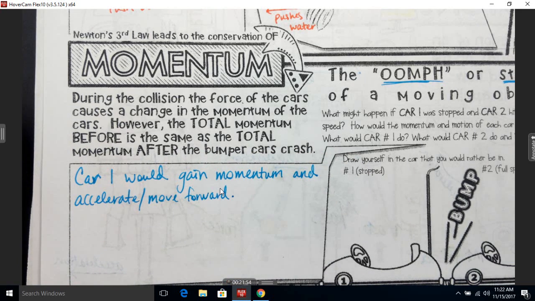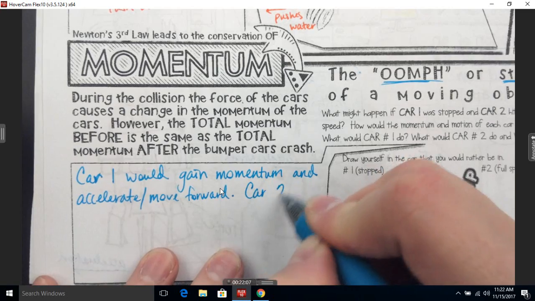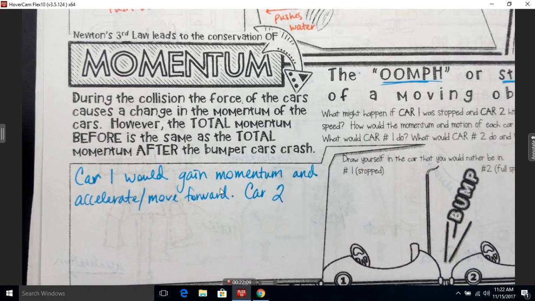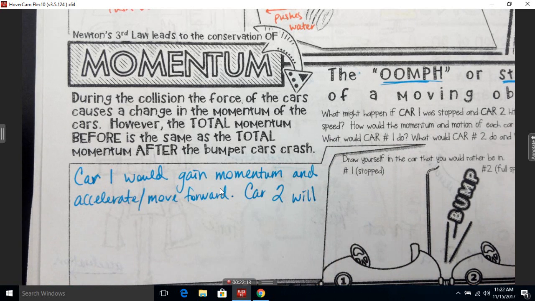Don't think of accelerate like you put the foot on the gas. He's going to go from 0 to a new speed, so that is acceleration. The speed's going up. What about car 2? Car 2, he would stop. He would keep his momentum. Nope.